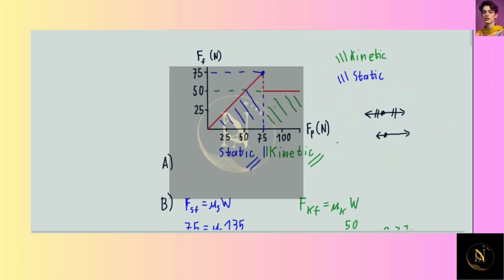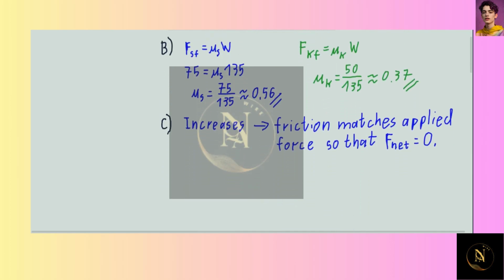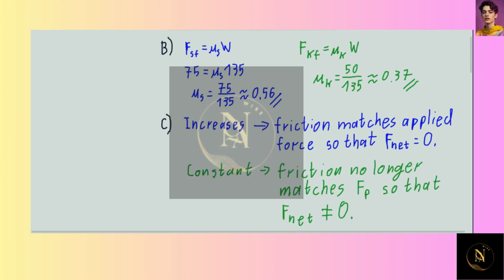And now we know that this plateaus because friction provides a constant amount of force so that there can be some acceleration. And so if friction no longer matches the force of push, then we have some net force. That is why we can say that net force is no longer zero.